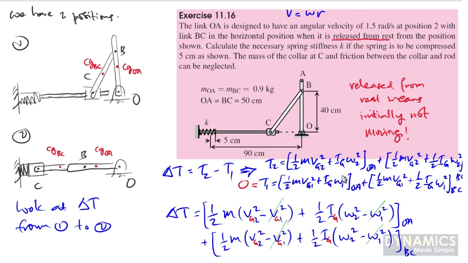Since we know that the mass is acting at the CG, the velocity must also be the velocity at the CG, and the I that we want to consider is I at the CG, or the mass moment of inertia for the axis passing through the CG. So remove these terms, and we are left with just the terms for T2. In this case, only T2 terms exist for both OA and BC.